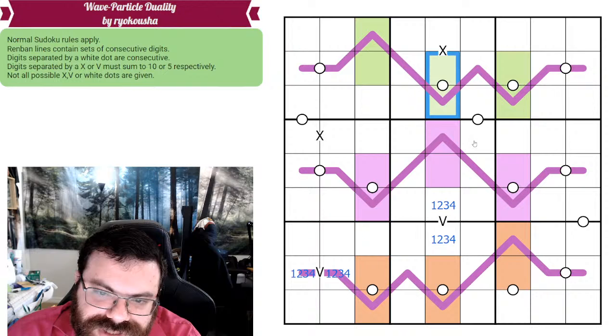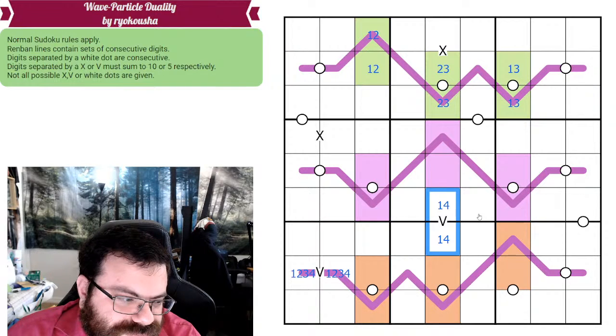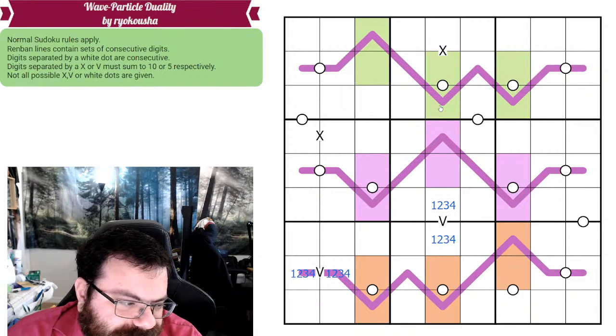Can I rule out 2-3 is the question. If I can't rule out 2-3, then this can still be from 1-2-3.